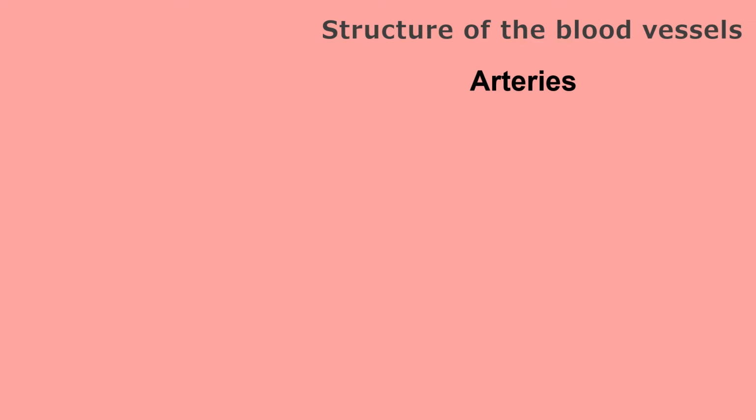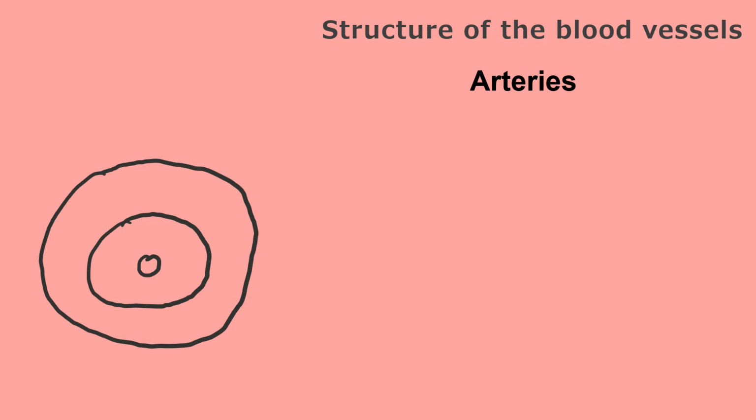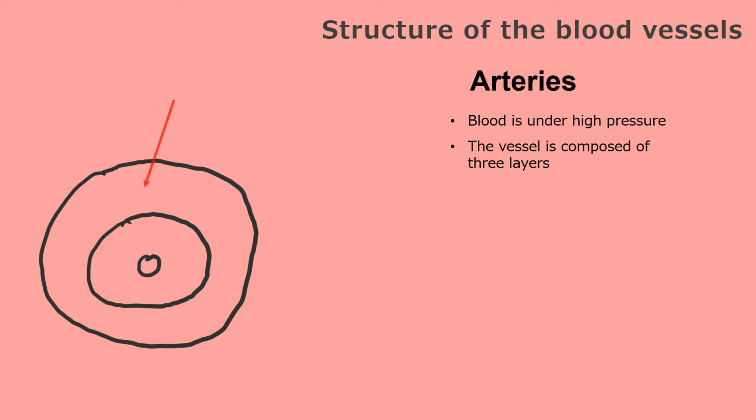Now, arteries take blood away from the heart, and that blood is under high pressure. It has to get from the heart around the body to all the various organs via the aorta primarily. This vessel is composed of three major layers.